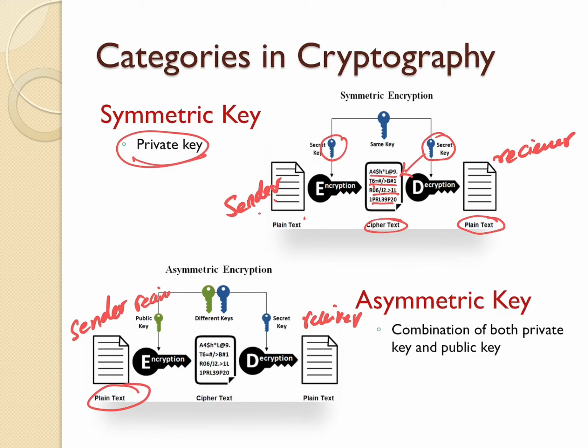This public key is exposed to every user in the network. But other users cannot access this information because they don't have the secret key. It has been encrypted using that particular receiver's public key, so only that receiver can unlock this data using the secret key. This is the concept of the asymmetric encryption process.